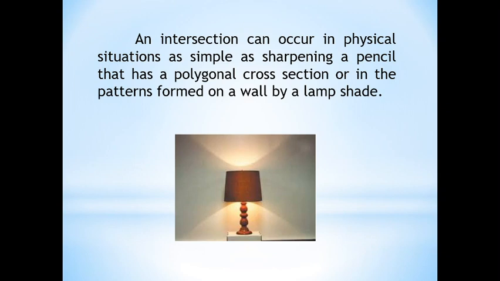Okay. An intersection can occur in physical situations as simple as sharpening a pencil that has a polygonal cross-section or in the patterns formed on a wall by a lampshade.